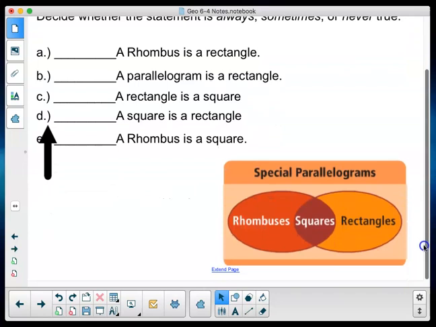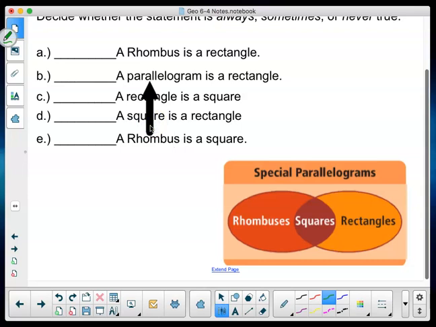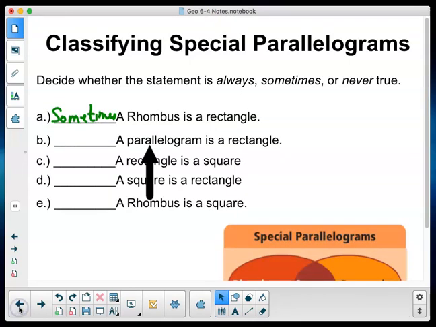A rhombus is a rectangle. We have overlap in the rectangle, so yes, sometimes. Sometimes that's true. A parallelogram is a rectangle.